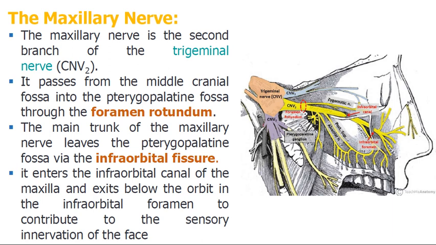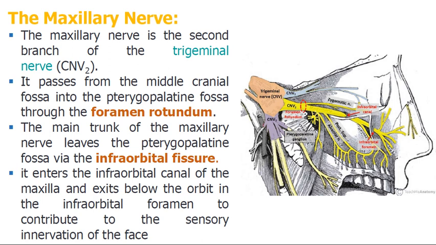And then we have this maxillary nerve within the fossa, and it will give many branches inside the pterygopalatine fossa. So the nerve passes, as we mentioned, from the middle cranial fossa to the pterygopalatine fossa via the foramen rotundum.